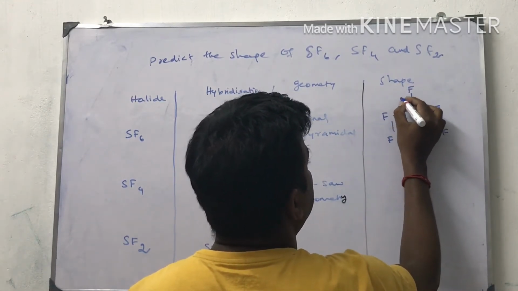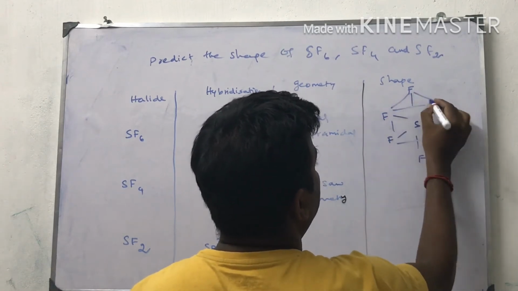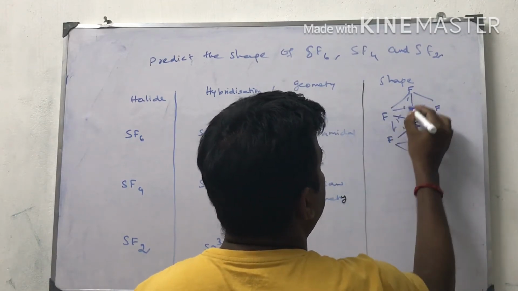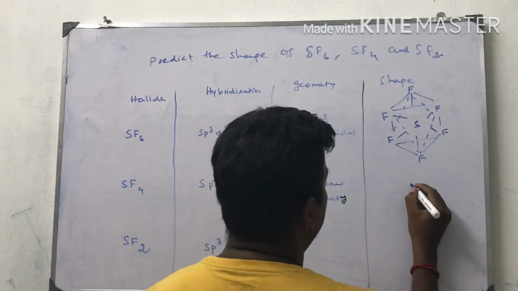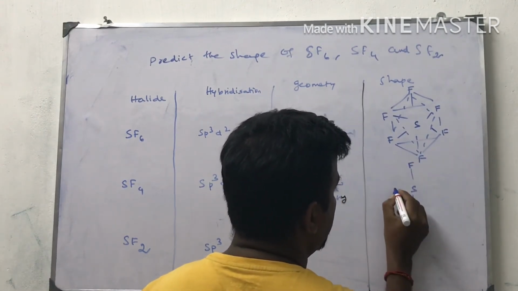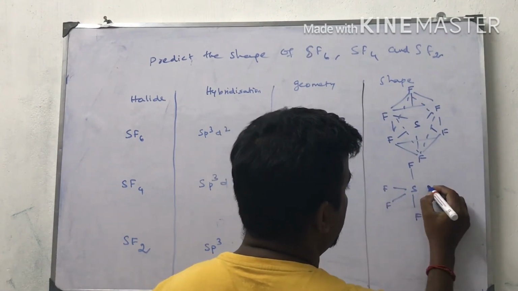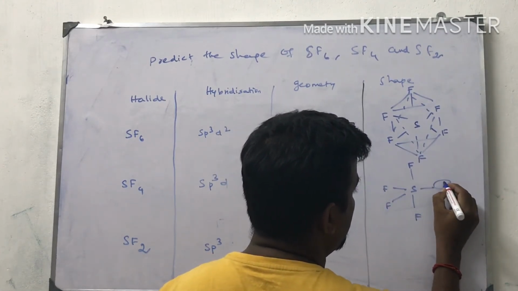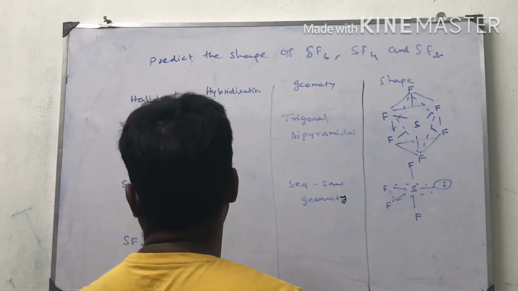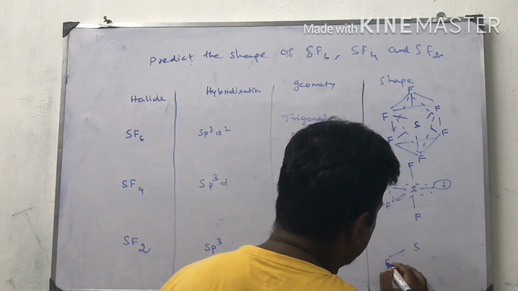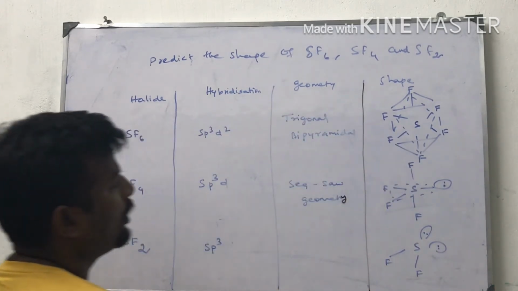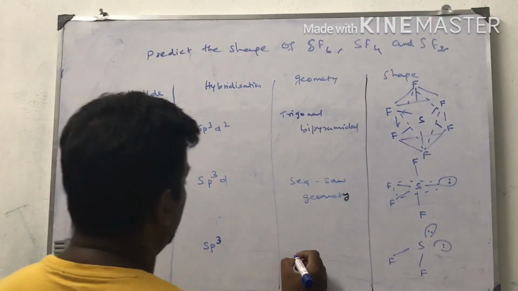This is the shape of SF6. This is the shape of SF4, and this is the shape of SF2.